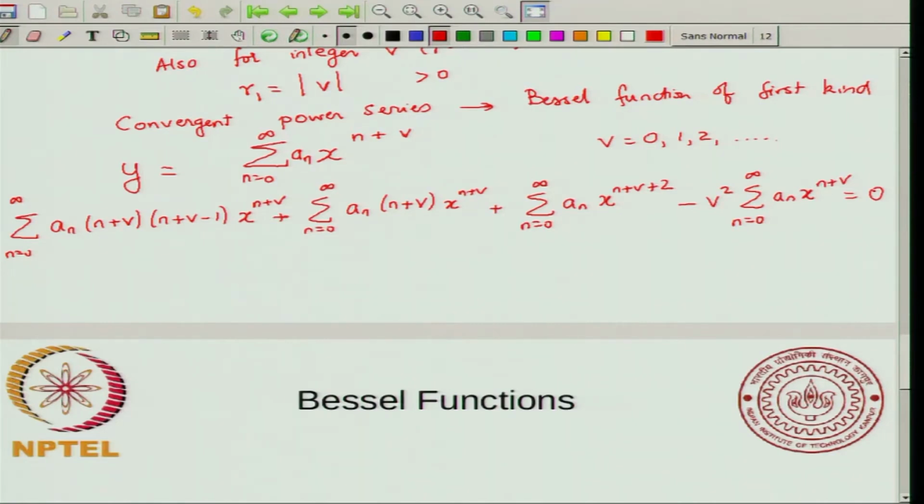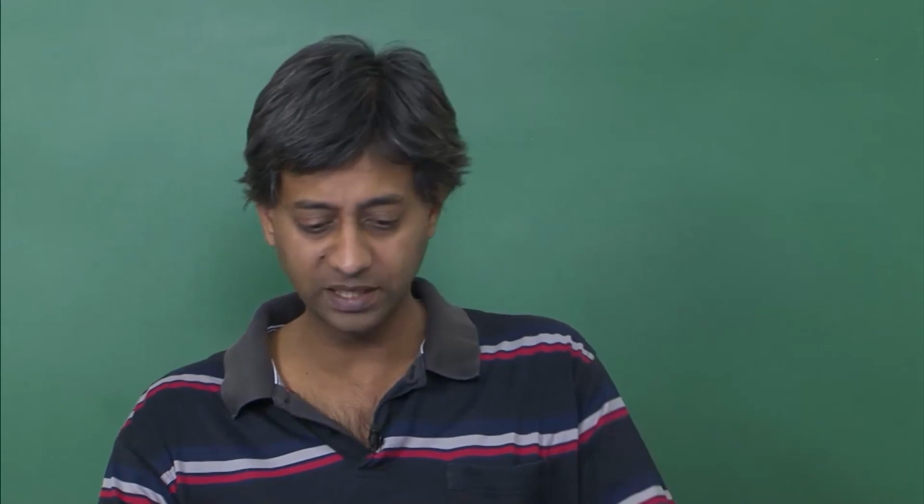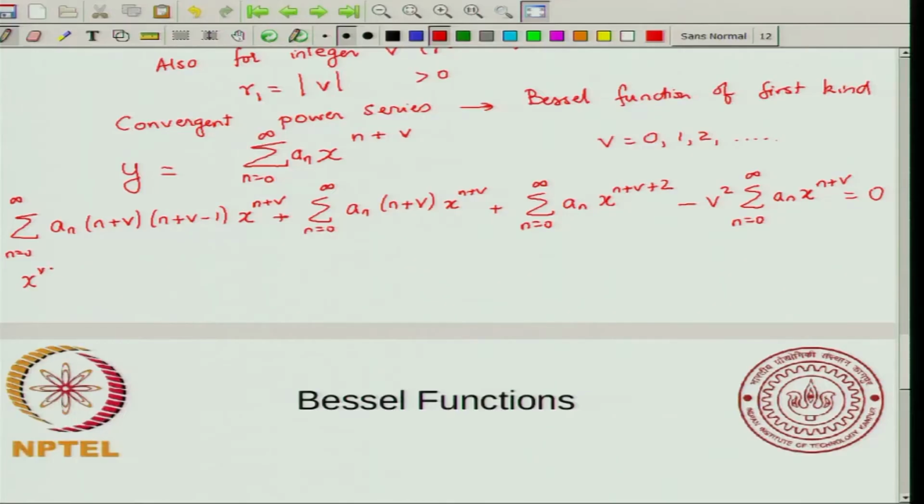The first thing is, we already saw the coefficient of x raised to v. Now suppose we look at the coefficient of x raised to v plus 1. In this case, for v plus 1, n has to be equal to 1.